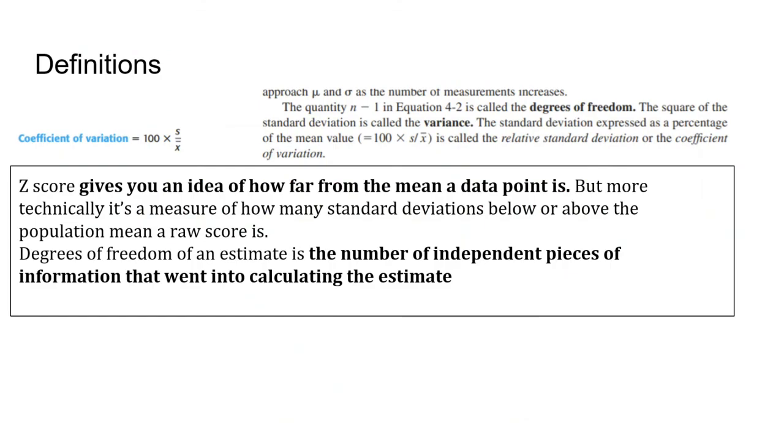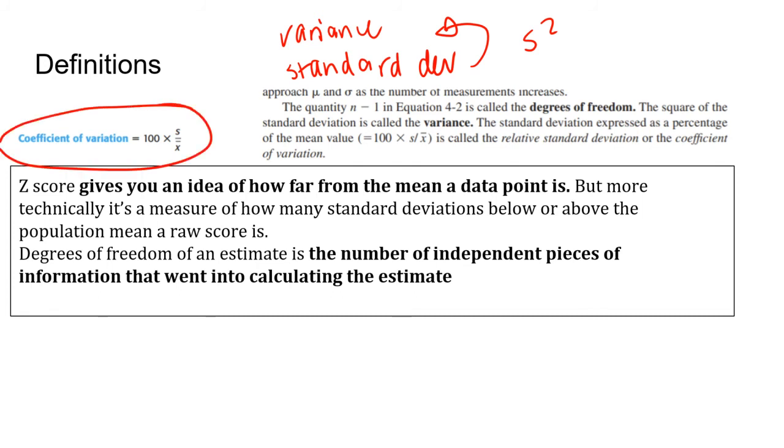And then the relationship between variance and standard deviation is that if you square the standard deviation, so s squared, that's the variance. And sometimes if you want to express standard deviation as a percentage, you can express it through this, known as the coefficient of variation.